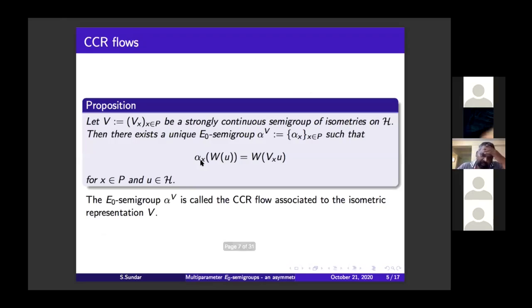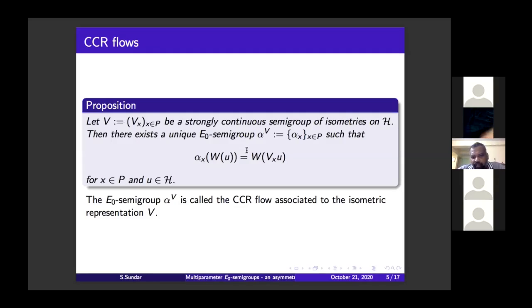So in the one parameter case, also I should mention that the CCR flow is based on symmetric Fock space. There is also a corresponding thing on the antisymmetric Fock space, which is called the CAR flow.